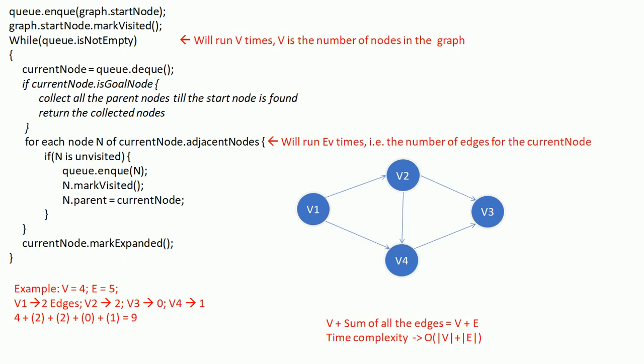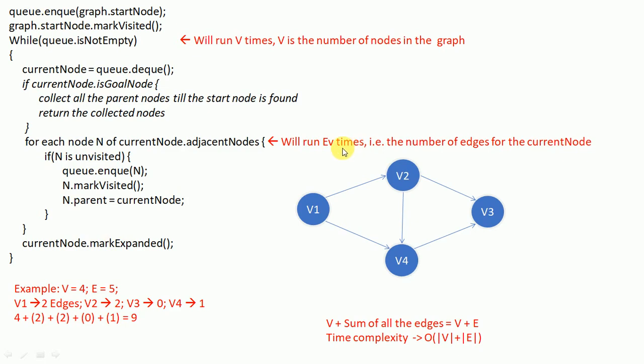Now let us analyze the time complexity of breadth first search. So this while loop will execute V times because it processes every single node at least once. So now V is nothing but the number of nodes in the graph, and this for loop which is present inside this while loop will run E_v times.